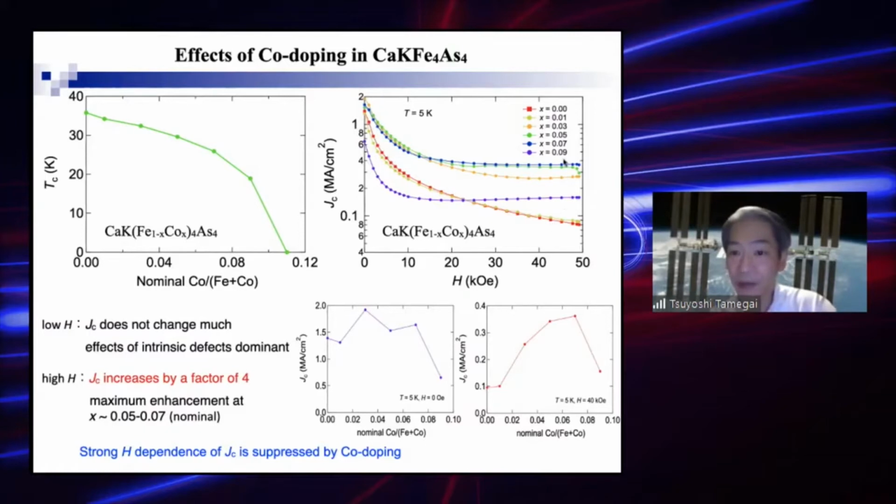It's now recovered like this. So this is the Jc value at low field, zero field, and at 4 tesla for these samples. As we increase cobalt content, the low field Jc doesn't change. The high field Jc is strongly enhanced around 5 or 7%. But of course, eventually, since Tc goes very low, this Jc should go down to zero.